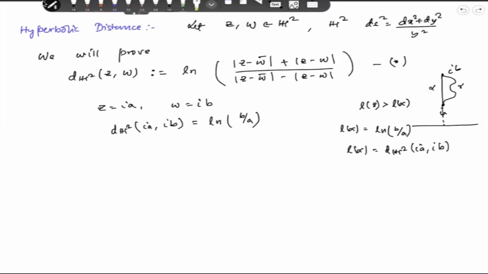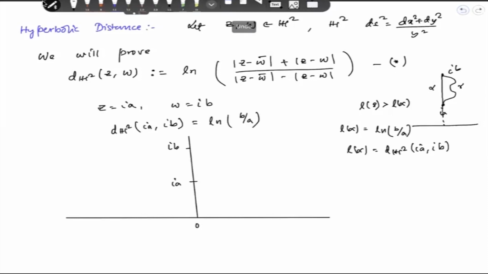Now let us take any other two points Z, W in this upper half plane that may not lie on the imaginary axis. I have proved that the distance between iA and iB is log B by A, which is nothing but the right hand side of the equation star.